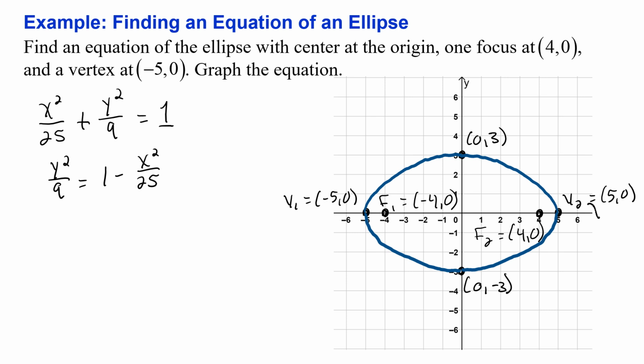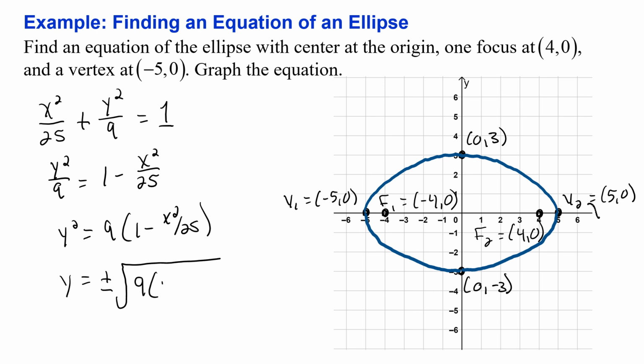Now let's multiply both sides by 9 and we get y squared equals 9 times the quantity 1 minus x squared divided by 25. Now at this point, to get y by itself, we're going to use the square root principle and write y is equal to plus or minus the square root of the quantity 9 times the quantity 1 minus x squared divided by 25.